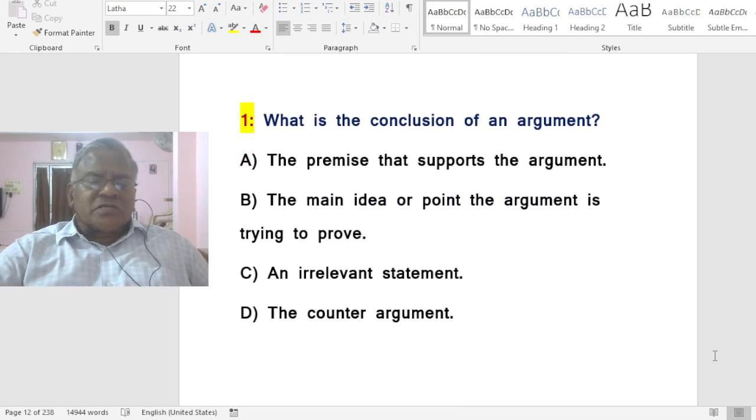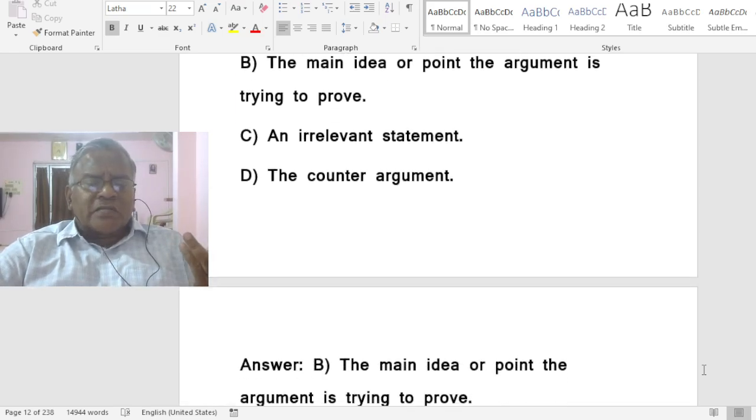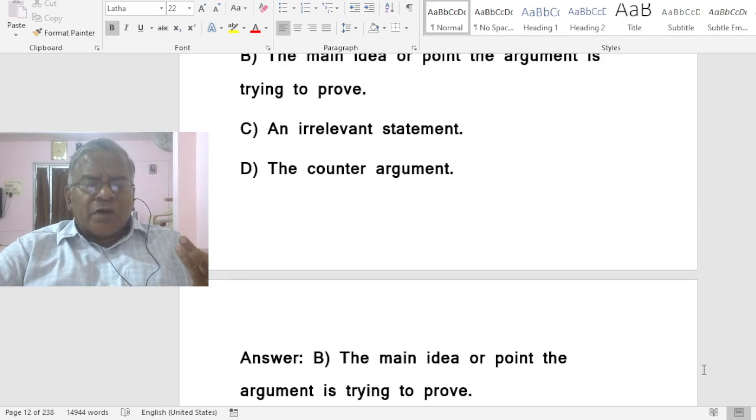Now, some of the questions we can analyze. What is the conclusion of an argument? The premise that supports the argument, the main idea or point the argument is trying to prove, an irrelevant statement, the counter argument. What is the conclusion of an argument? That is the main idea or point the argument is trying to prove. For example, all men are mortal, Socrates is a man.